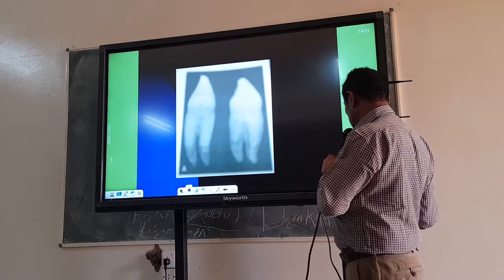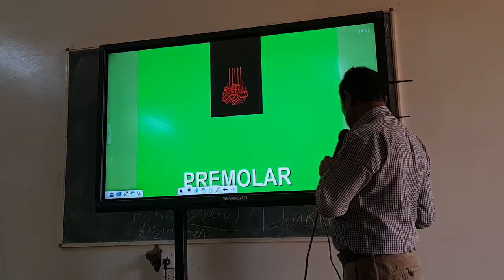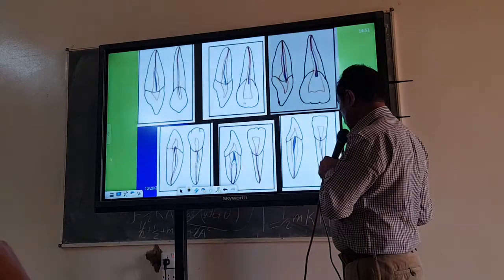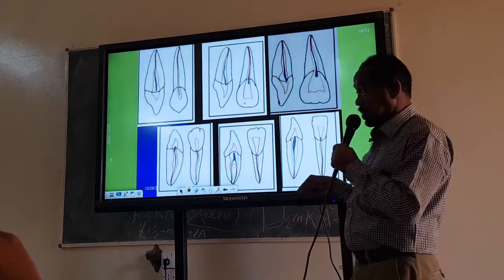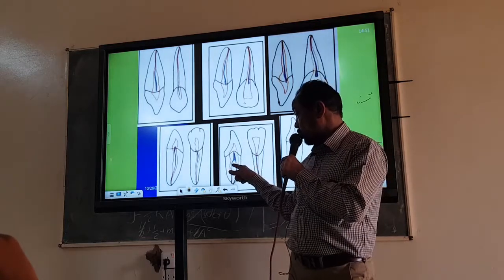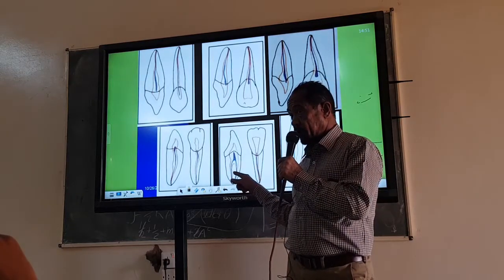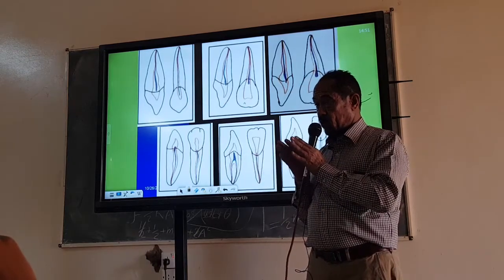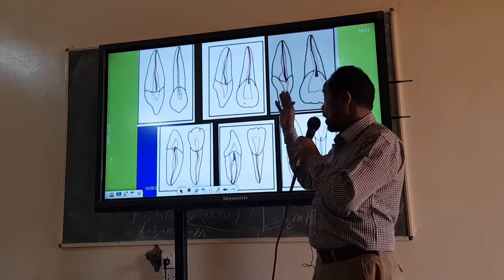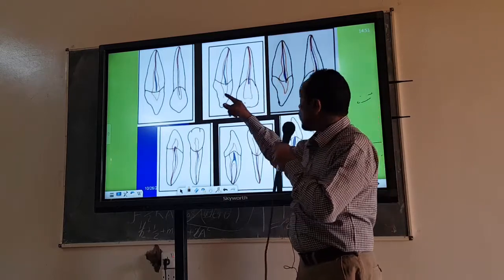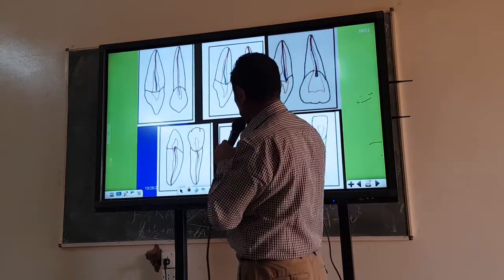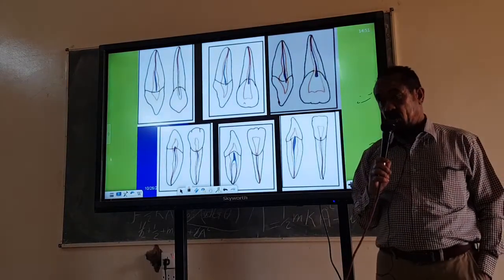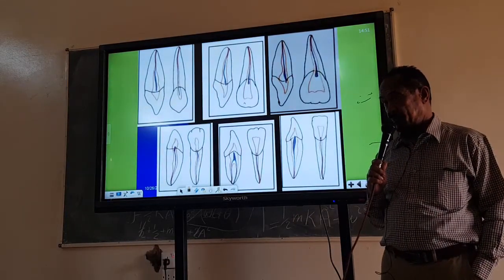How many canals in the anterior teeth? One canal. كلهم بيكونوا one canal, but this canal may divide into lingual and labial for the mandibular. Why? The root is flat. لكن الباقي round، كلهم بيكونوا single، لكن there is a probability of the root of the mandibular anterior teeth يكون divided into two apices.